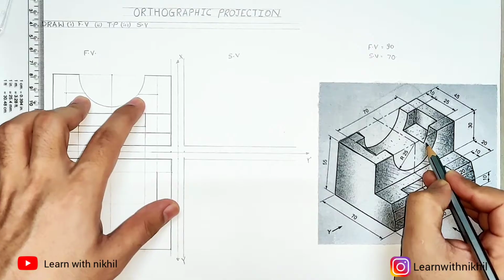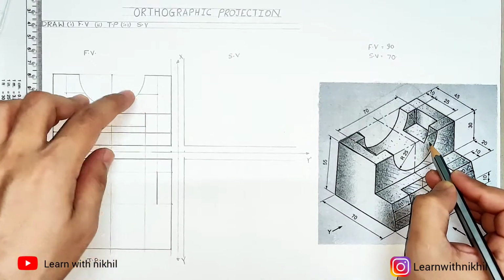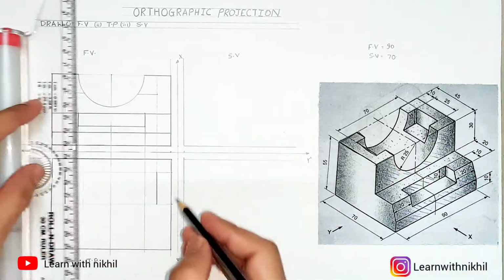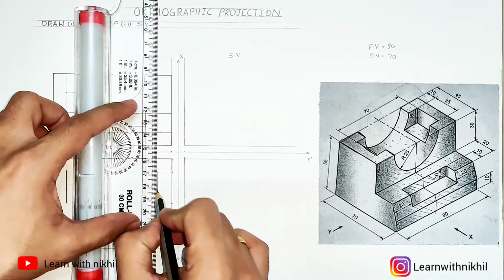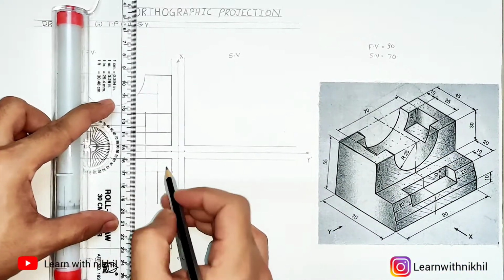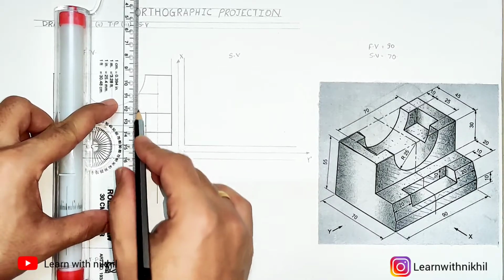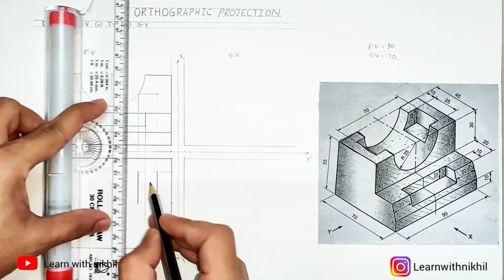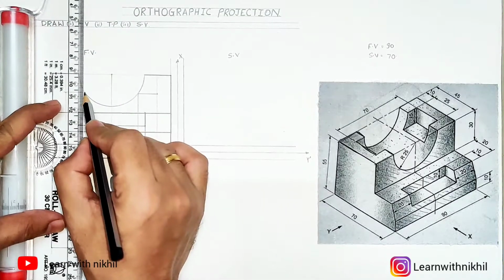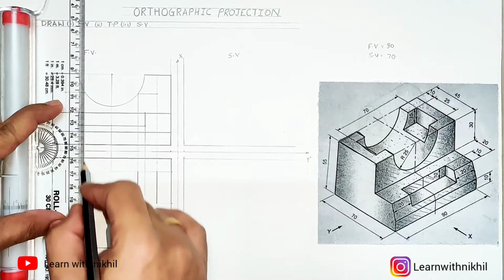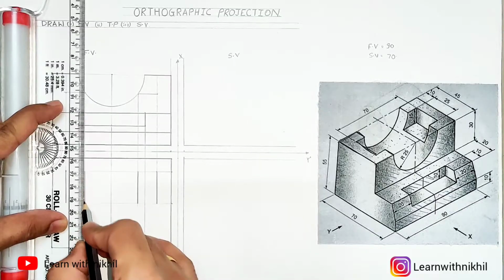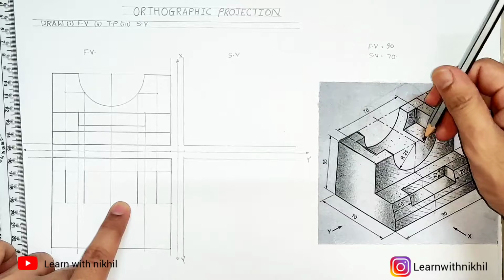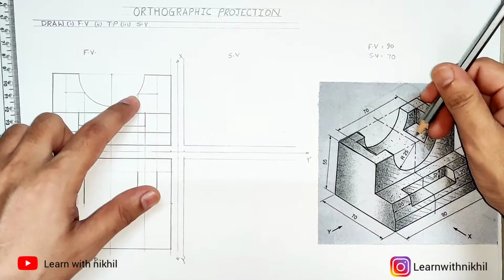So we got the points, we got the lines, and we can take this projection from the front view to the top view, and we can complete the rectangular box of the top view. So from here we have taken the projection to the top view, and this is the dark line which is visible from the top side. Same on this side. So this is nothing but the block which is visible from the top view.